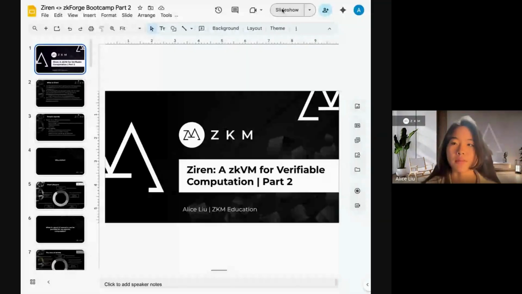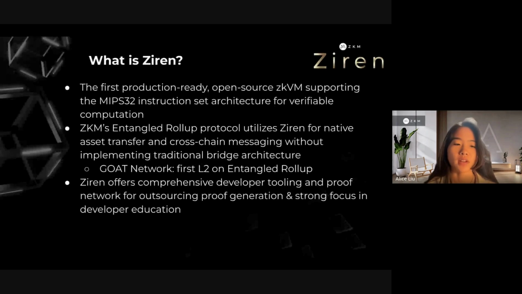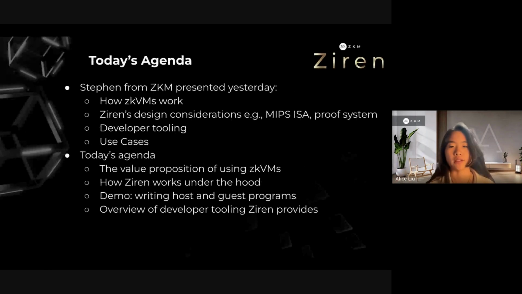So today is more like a part 2 from yesterday's session that was led by Stefan. Yesterday, he presented how zk VMs work, design considerations, and some use cases. But for today's agenda, we'll first go through the value proposition of using zk VMs. I think yesterday you learned how zk VMs work, but today we'll go over why they're being used.